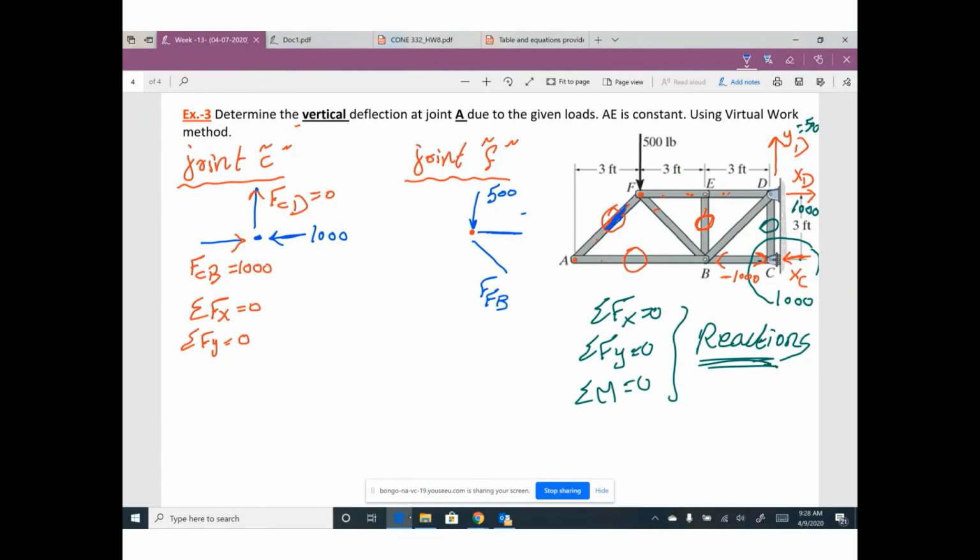We have FE. I'm going to assume this one like this, and this one like this. Go ahead and apply summation Fx equals 0, summation Fy equals 0. I think this one will be 707.1 compression, and this one will be 500 tension.